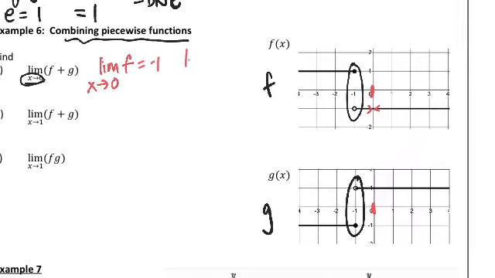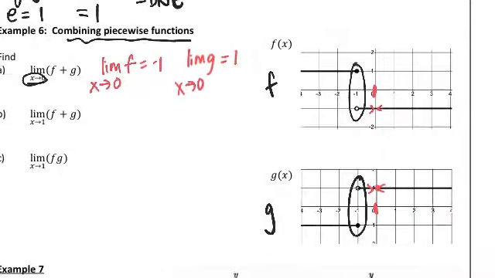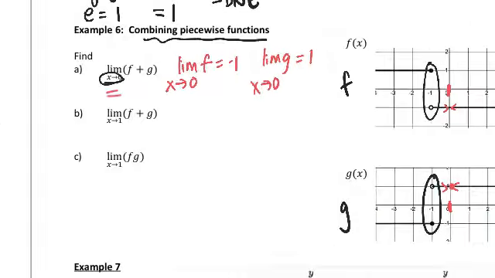And the limit of g as x approaches 0 is equal to positive 1, right? So you don't have to do any one-sided limits. I'm sorry, I miswrote that. It's positive 1, right? So just add those two with the limit law, and this first answer will be negative 1 plus 1, which is 0, right?